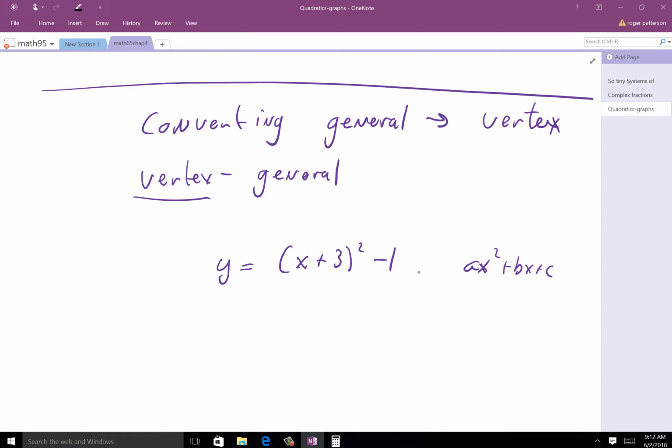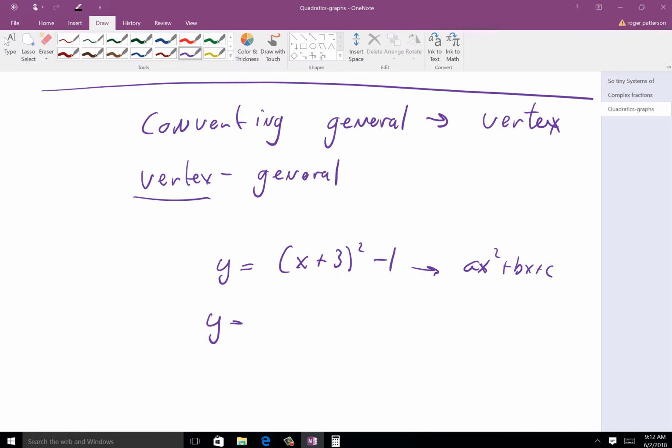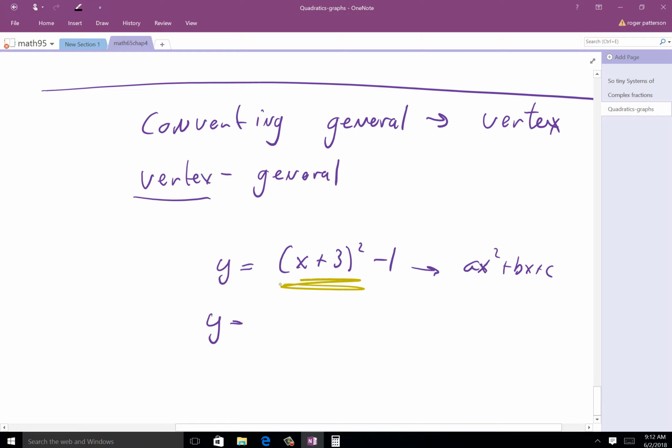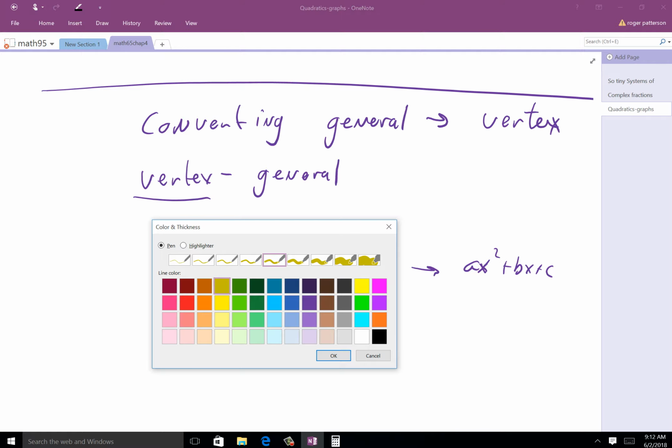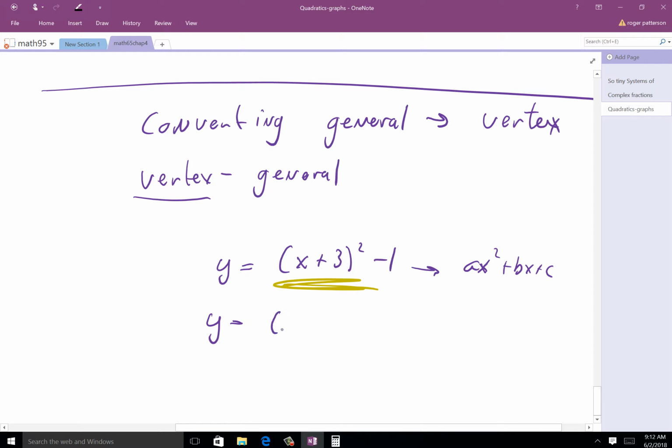Not very difficult really, because when we have x plus 3 or anything for that matter squared, if I'm going to expand that, all I need to do is write it twice because that's what squaring means anyway. So if I have something squared, I just got to write it twice. And now we're just going to FOIL this. Plus 3x, oops, plus 3x plus 9.